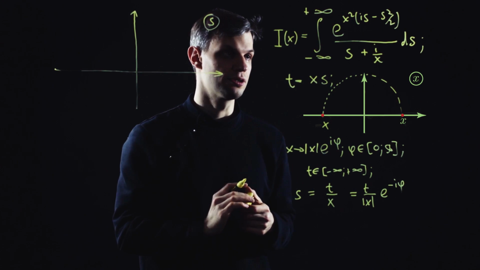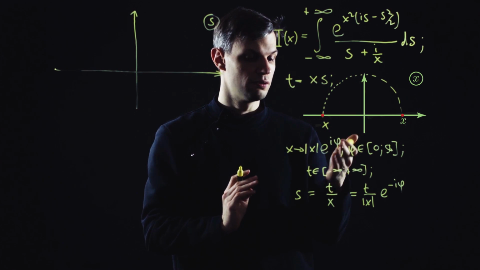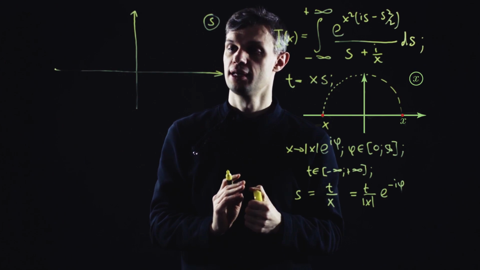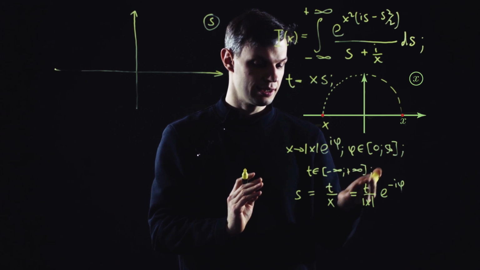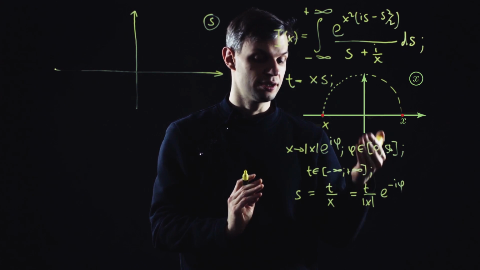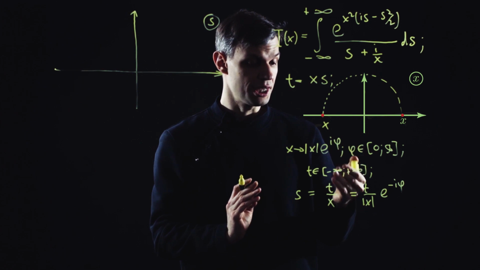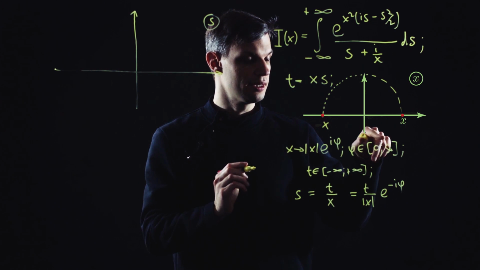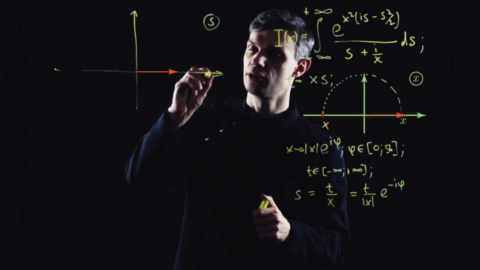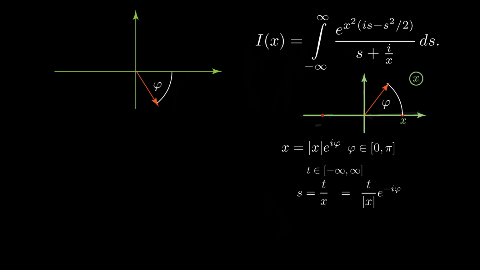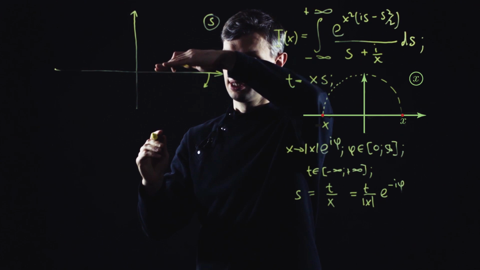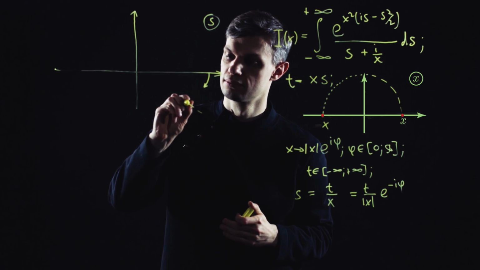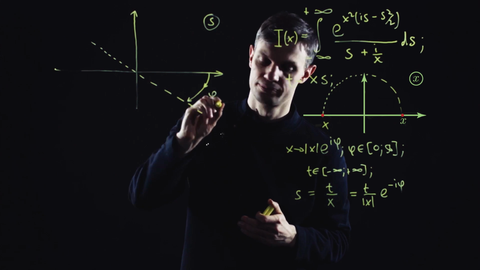This is our initial position of the contour for positive x. Now x starts rotating, and with this starts the rotation of the s complex variable, and as you see, it rotates in the negative direction, so it's clockwise, like this.